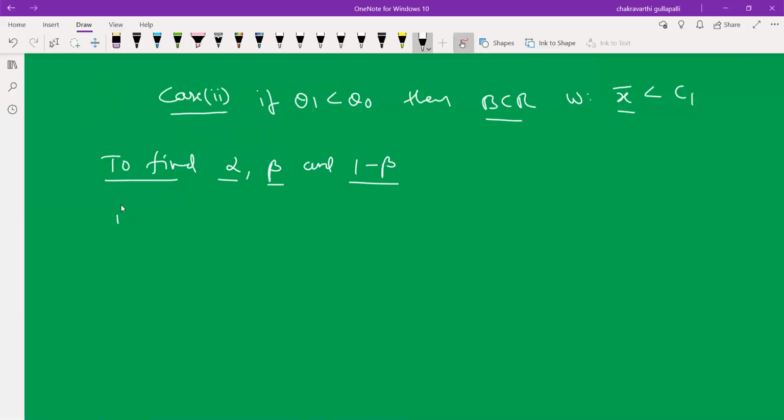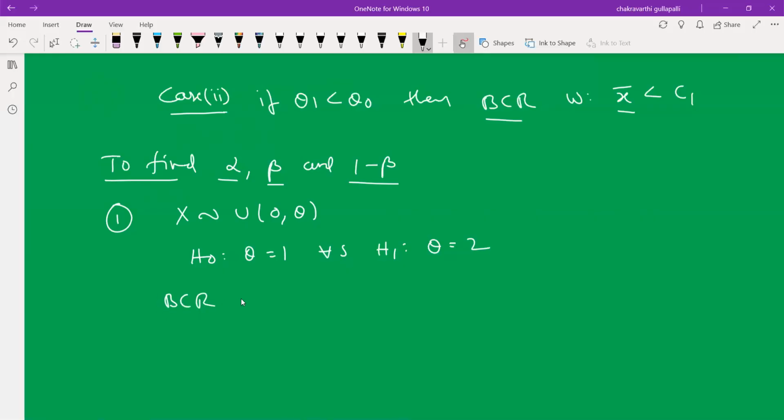Now, problem 1. In this case, x follows uniform distribution 0 comma theta. H naught: theta is equal to 1, versus H1: theta is equal to 2.